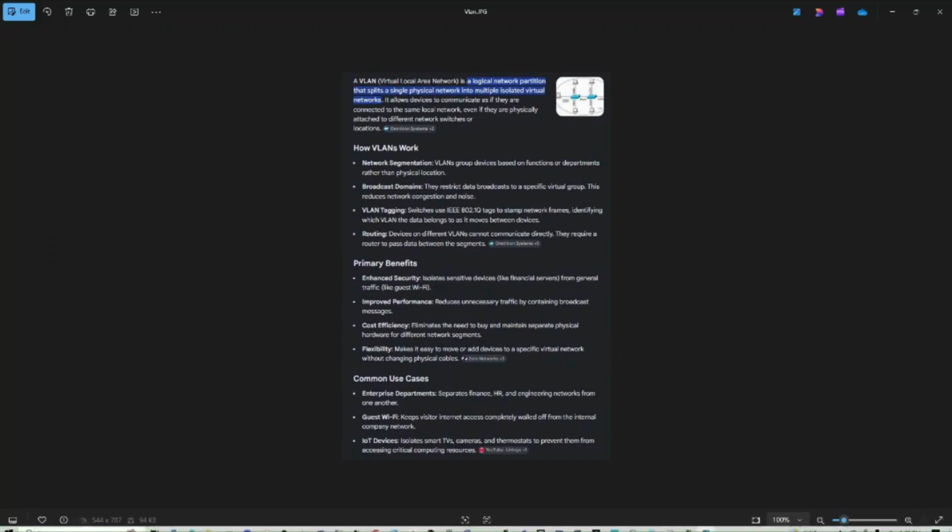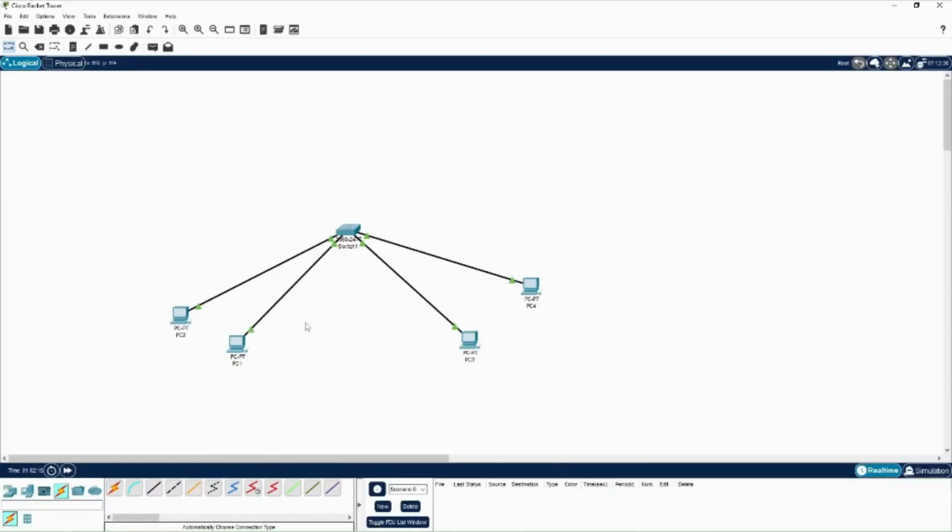Here we go back over here and we see, when this computer PC1 wants to speak to PC3 on a different VLAN, we are supposed to have a router over here which can route those frames or that communication to this PC.